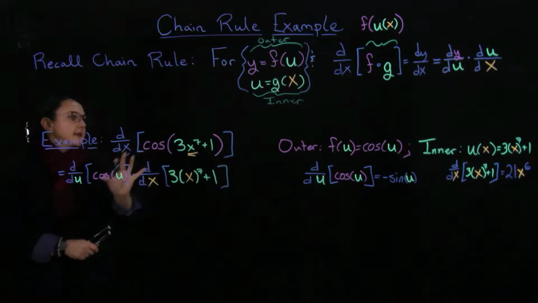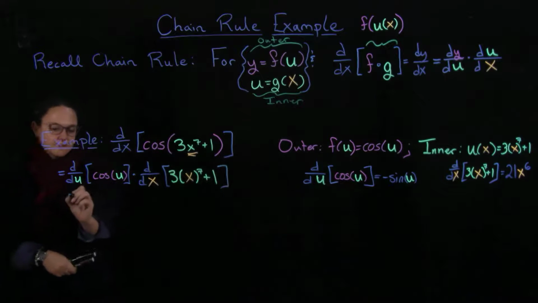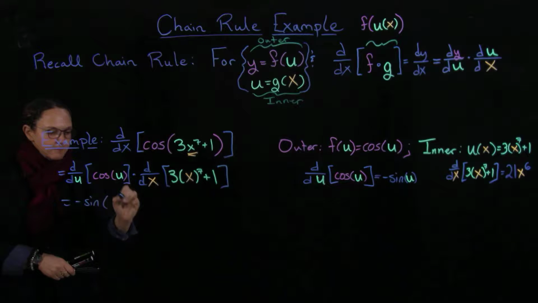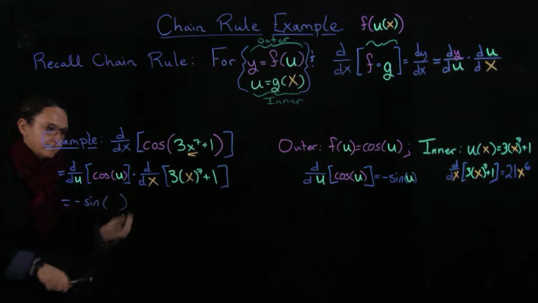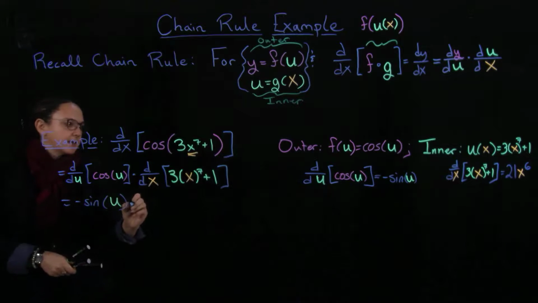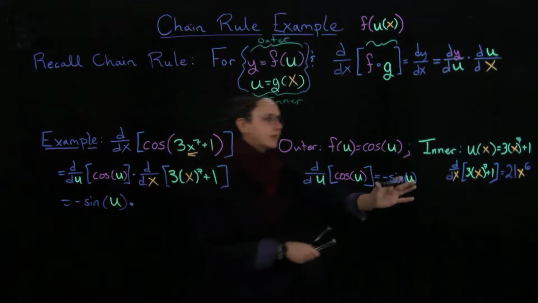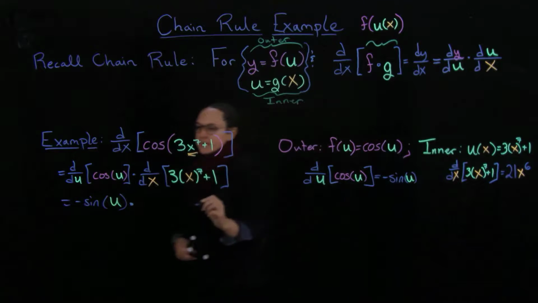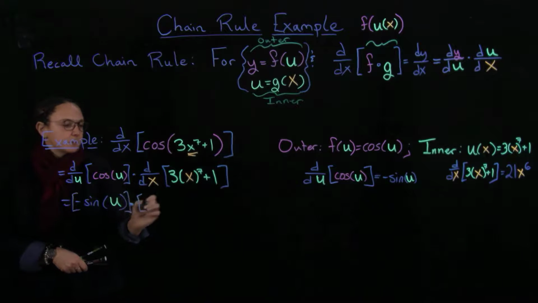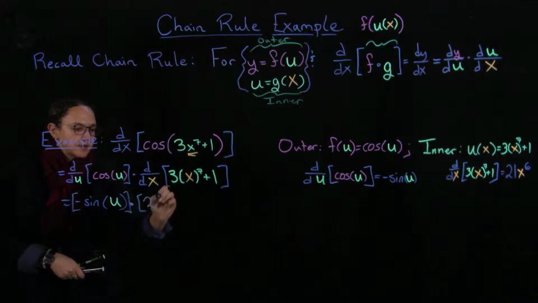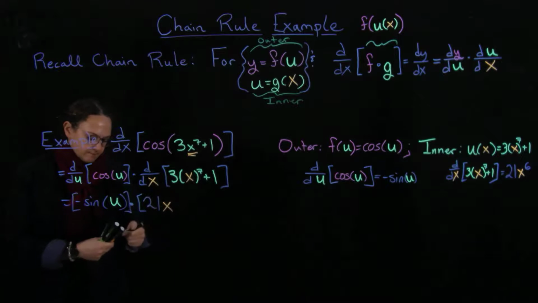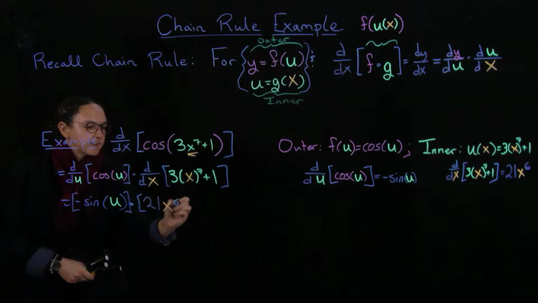Okay. Now I can just use what I already computed over there, and I get that this is going to be minus sine of u multiplied by, and then I look, so I took that from here, now I take the other from over there, so this is going to be multiplied by the product with 21x to the 6th.